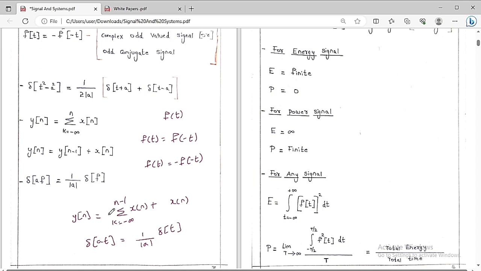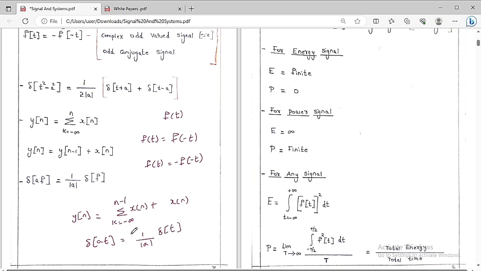So delta of a t is 1 by mod a delta of t, the same thing. You can use t as a dummy variable, so you can replace t by any variable like x, f, anything. And here the concept is the same. So delta of a f is equal to 1 by mod a delta of f. This point you always have to keep in your mind. Finally this concept is going to hold for anything, because t is a dummy variable.